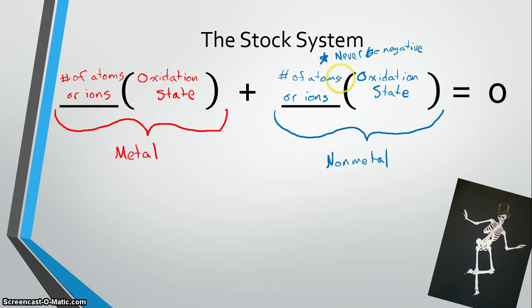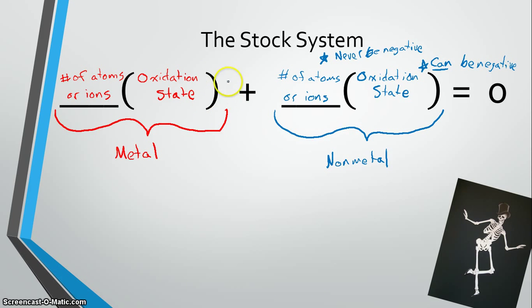So whatever goes in the parentheses is always going to be an oxidation state. Now these can be negative, so I'm going to put a little star here. Usually it'll be on the non-metal side. We're going to look at why in just a little bit. So that's the basic structure of the stock system. That's where all of this information goes.